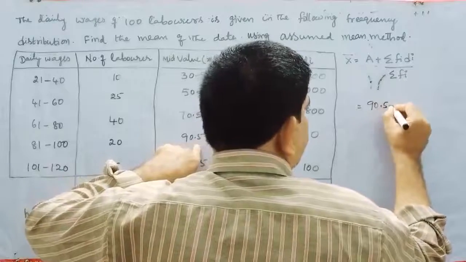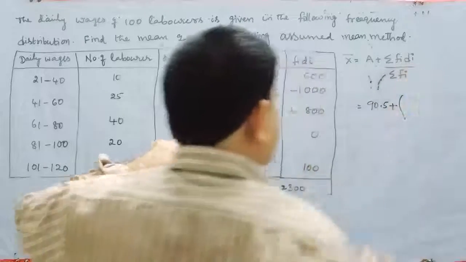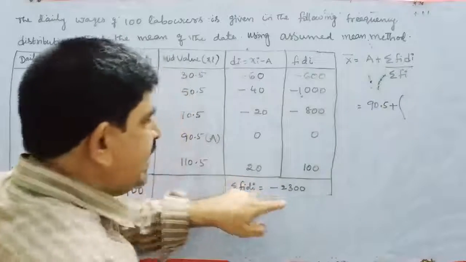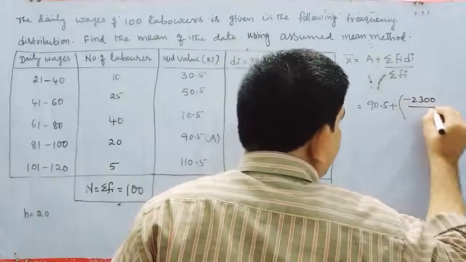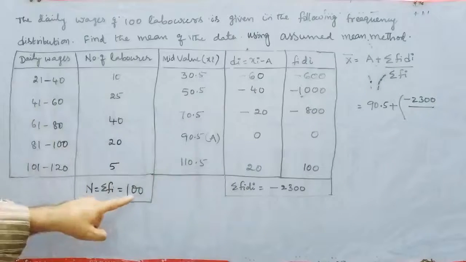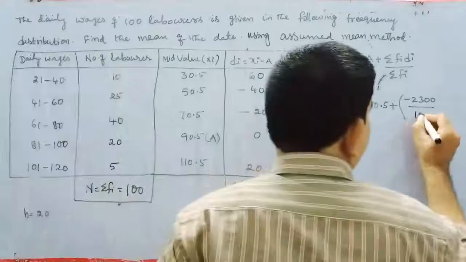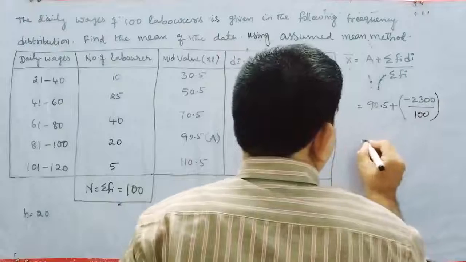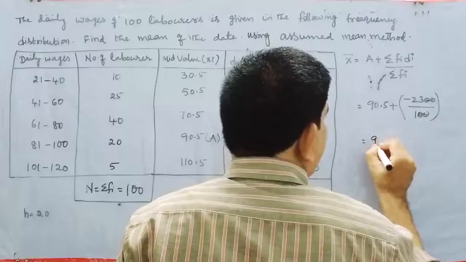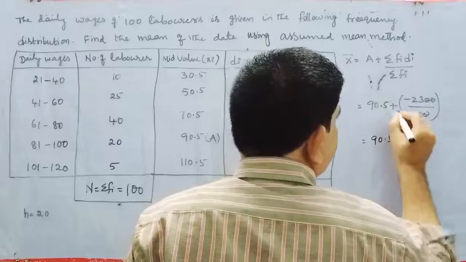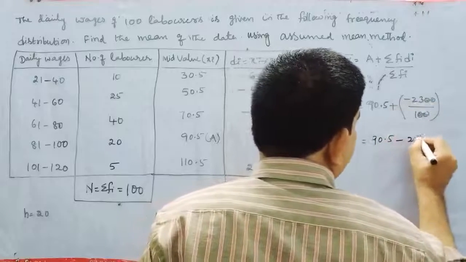So 90.5 plus minus sigma Fi di, that is minus 2300, by sigma Fi, 100. Two zeros get cancelled. So 90.5 plus into minus, minus 23.